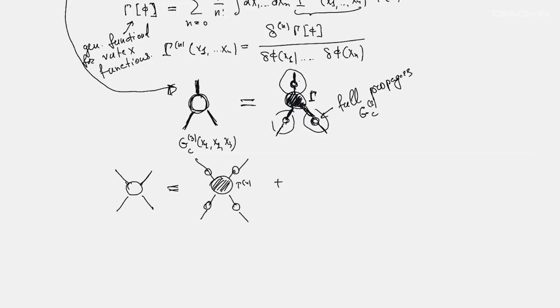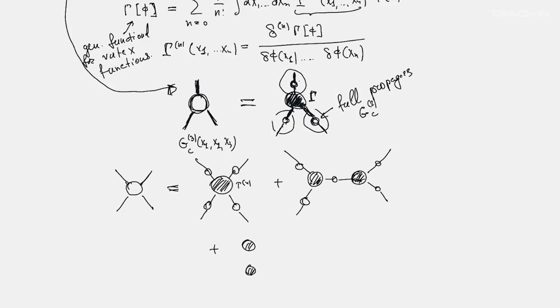And in addition to that, you might have also such a situation. And also, on top of that, you will have 2 more blobs with gamma 3. So gamma 3 will appear now.